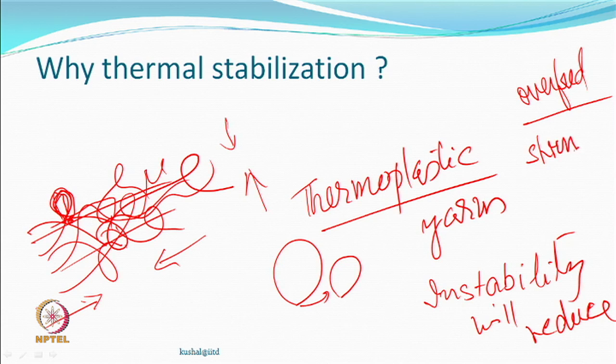So, you will not have additional length. That additional length which we are giving as an overfeed will become less because it shrinks. So, you will give overfeed here.